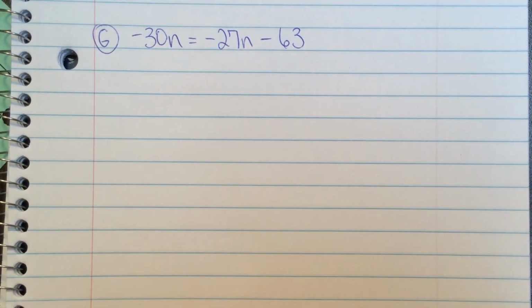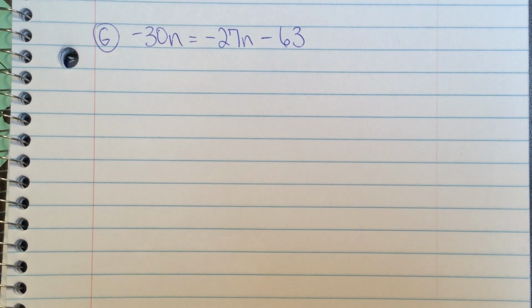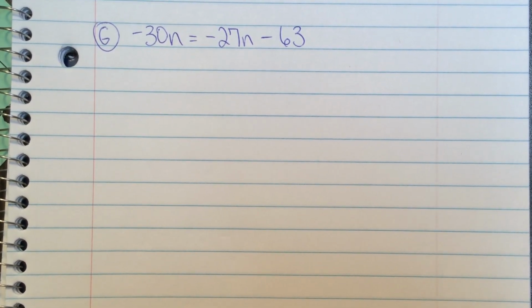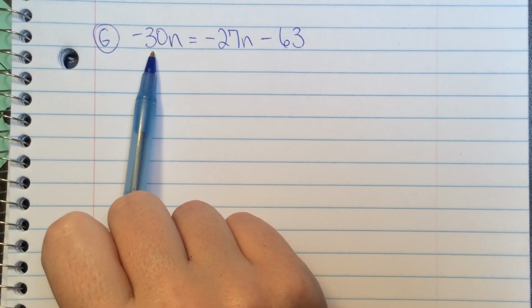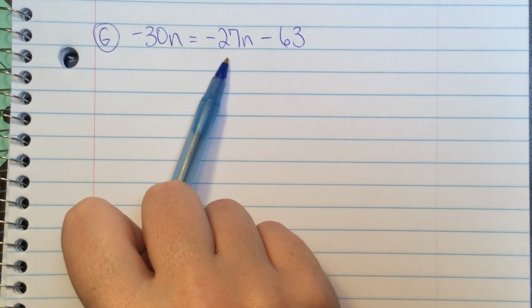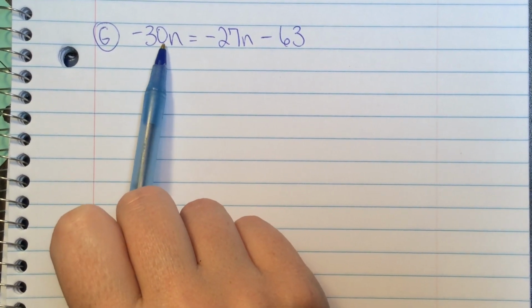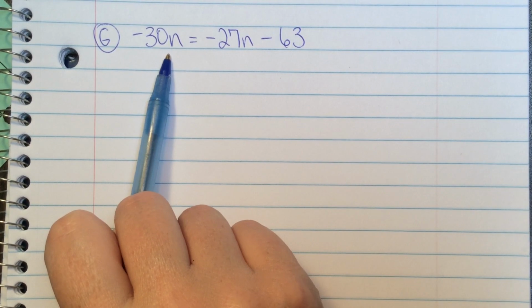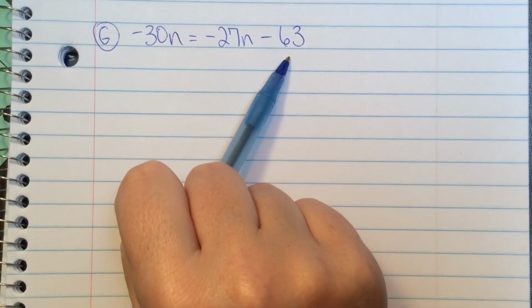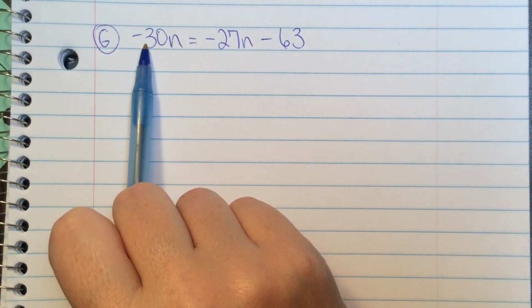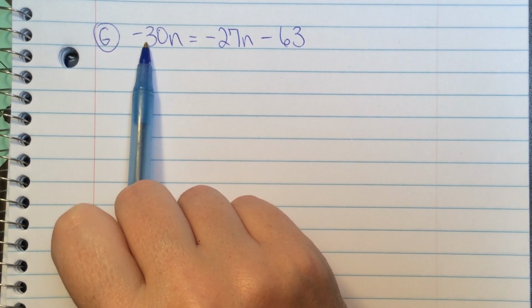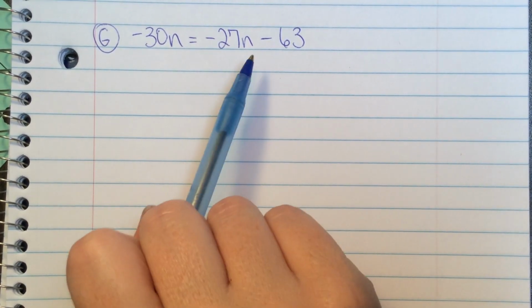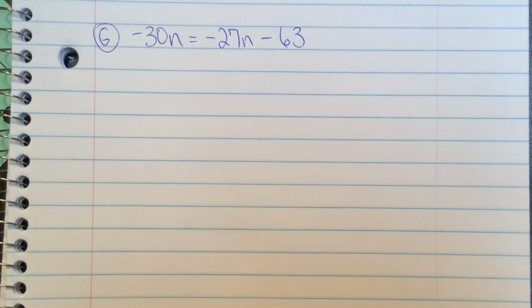Now, this one, I actually think we need to break the rule. And here's why. Actually, negative 30 is smaller, but if I move it over here, then there won't be anything left over on the left-hand side, unless I move the 63 over and change everything to positive. So in this case, I actually think I'm going to break the rule and move the 27 over.